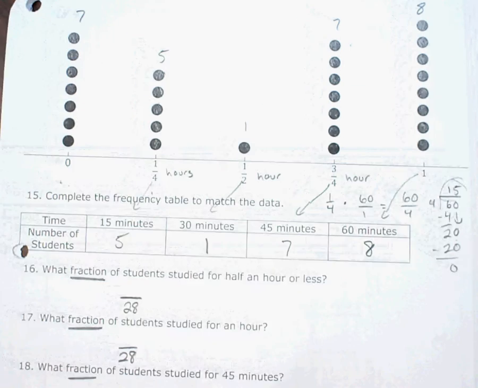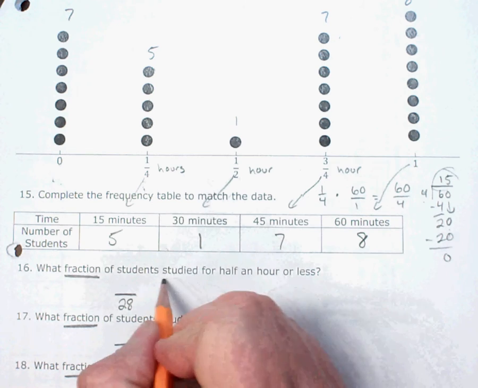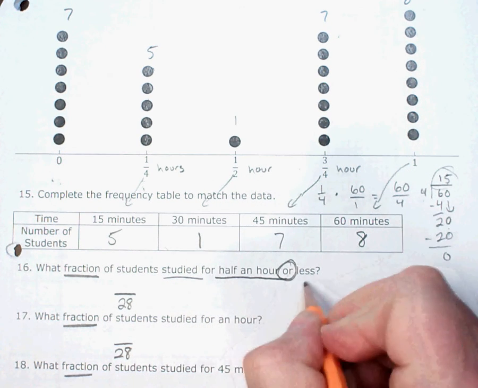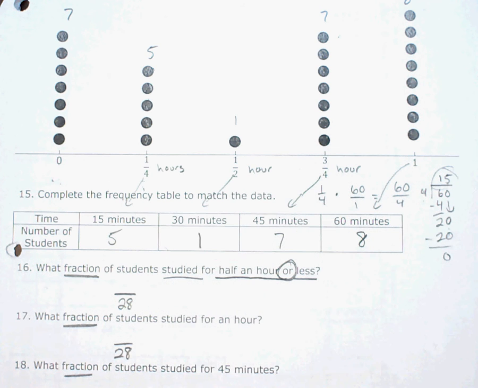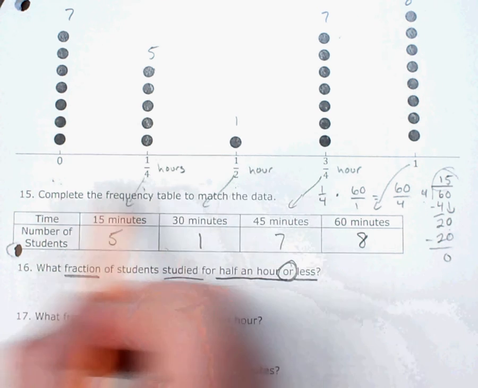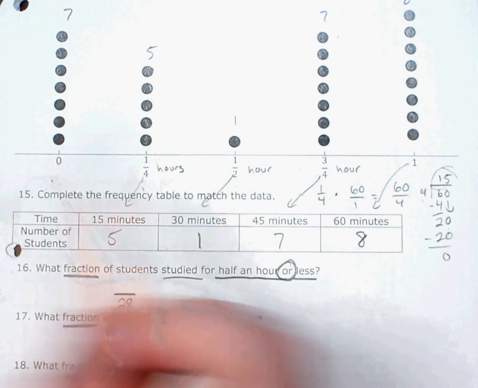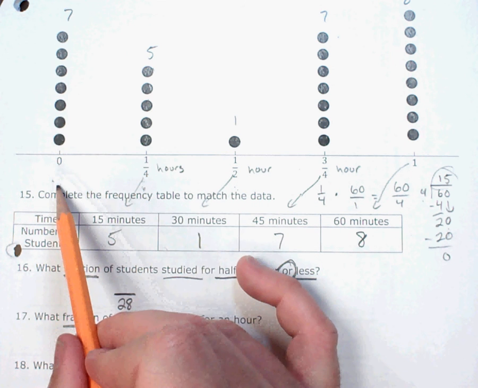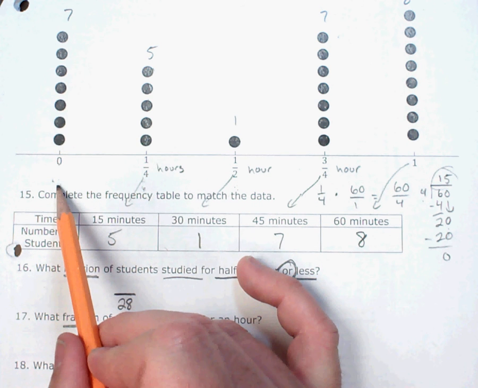All right, so let's look at number 16. What fraction of students studied for half an hour or less? Here's my half an hour spot, but it's also asking for those that studied less than half an hour. So half an hour or less would include 15 minutes, or 0, because 0 is less than 30 minutes.